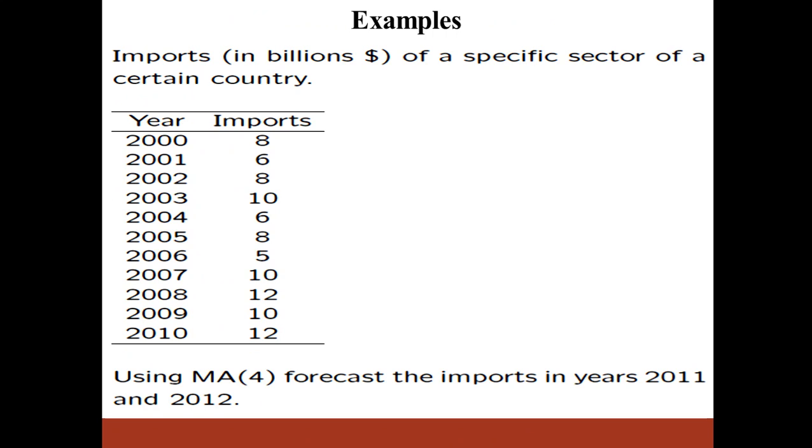The first one is the year from 2000 to 2010. Second is imports. Using moving average of order 4, forecast the imports in years 2011 and 2012.